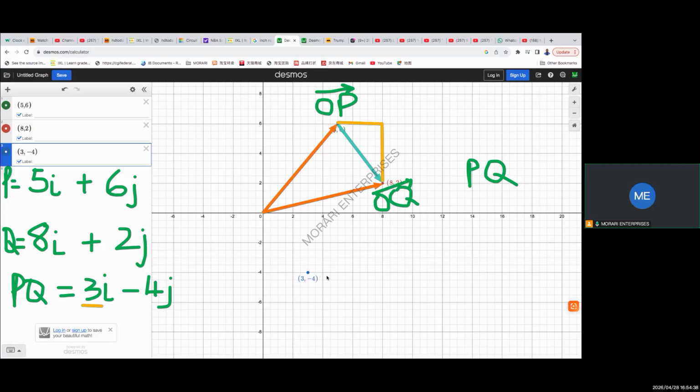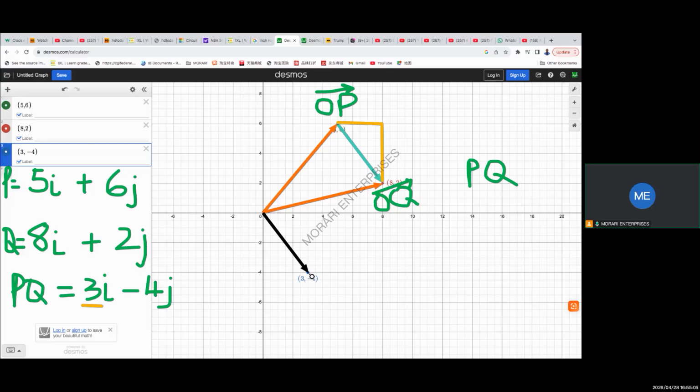We label that point, but this one is a scalar point, so let's now turn it into a vector. You just come and draw the vector from the origin, and this is that vector. So it's a vector that we have just displaced.